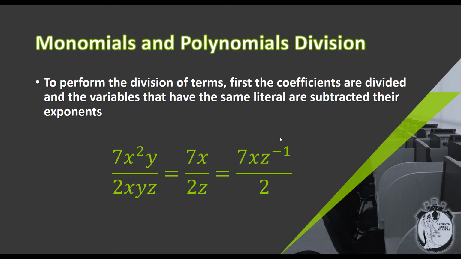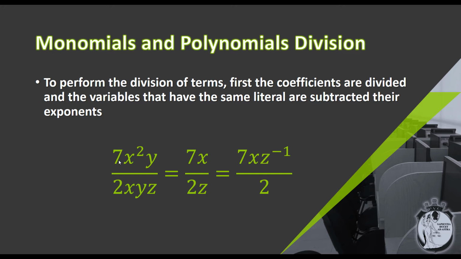To perform the division of terms, you need to divide first the coefficients, and next you need to divide the variables, the same with the same literal, so you need to subtract their exponents. This is a sample here.